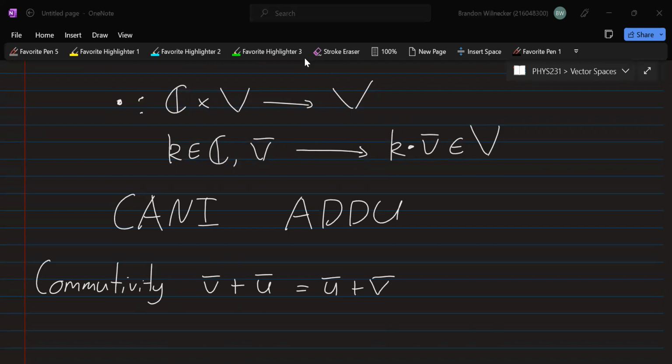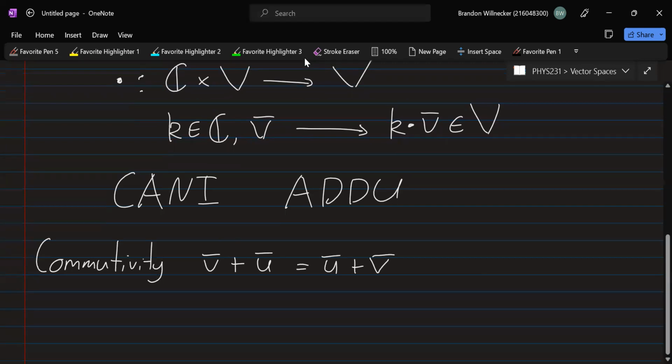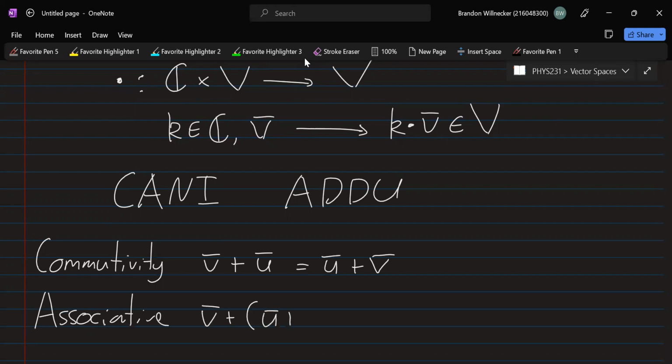So like addition and multiplication with real numbers is commutative. So you can do x plus y or y plus x, it doesn't matter. We have the same property here. So the next one is associative, which means if we take V plus U plus W, so if we do the U plus W first, because remember it's a binary operation, you can only do one thing at a time here.